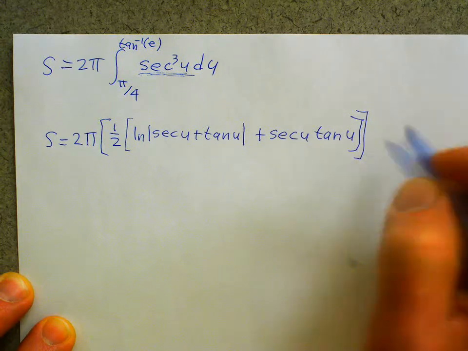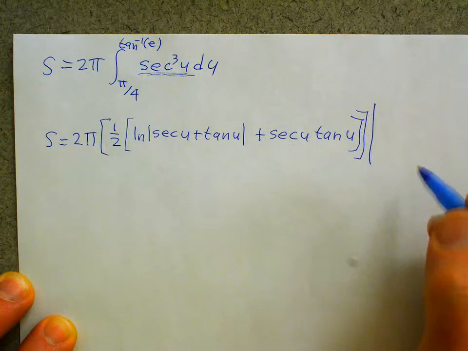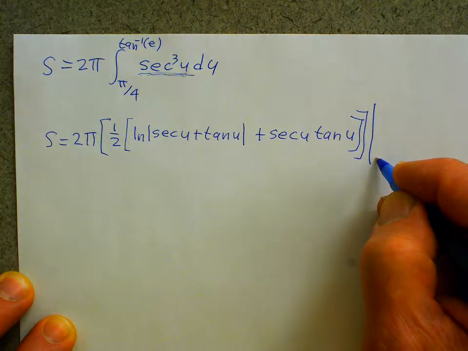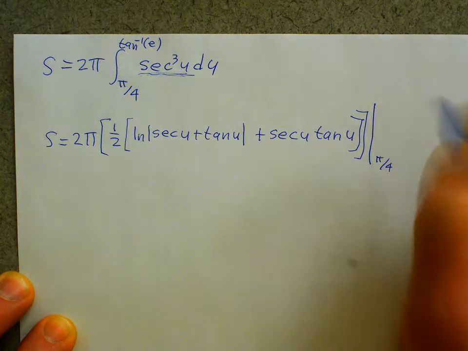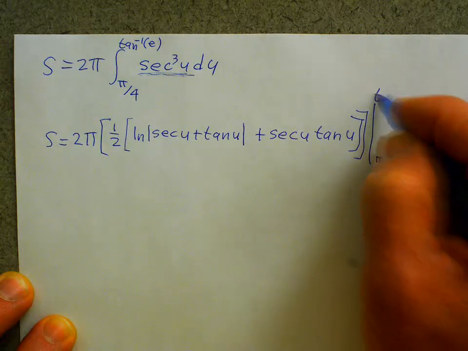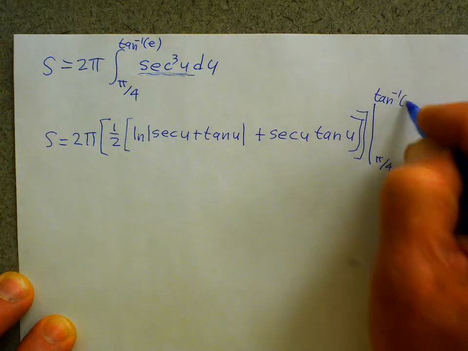And then we're going to evaluate this from u equals pi over 4 up to u equals the inverse tangent of e.